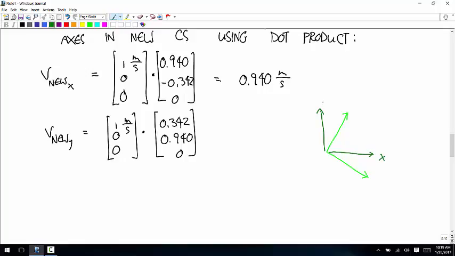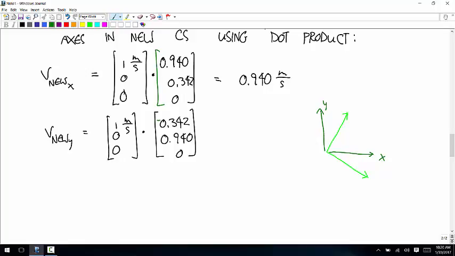This is our new x, this is our new y. In our old coordinate system, the direction of our new x-axis is 20 degrees, and that's the dot product with this vector.